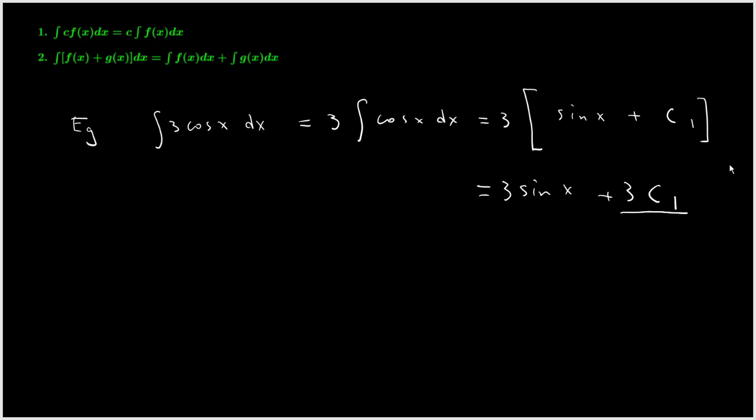You do not have to write 3c1. The answer can be 3 times sine of x plus c. I was replacing 3c1 with one constant c. Does that make sense? I want to repeat: if c1 runs through all the real numbers, then 3c1 also runs through all the real numbers. Same thing.